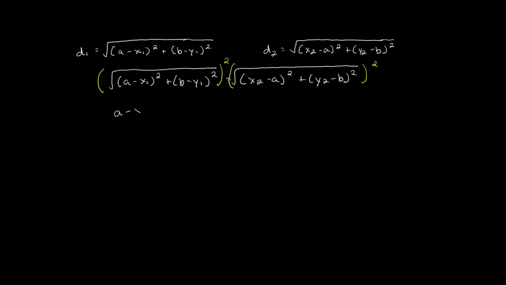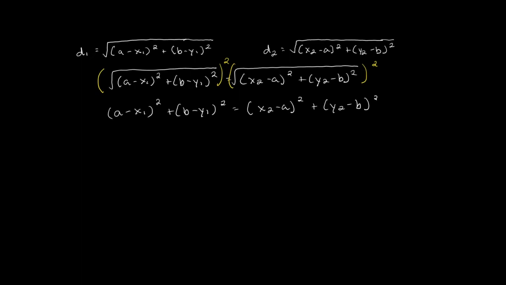And so that just leaves me with what's inside. We've got A minus x1 squared plus B minus y1 squared equal to x2 minus A squared plus y2 minus B squared.